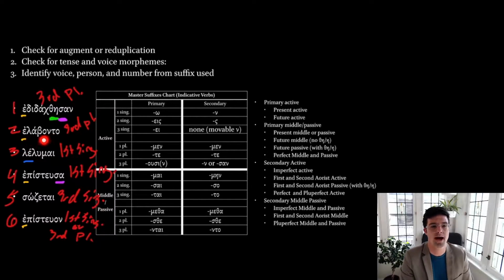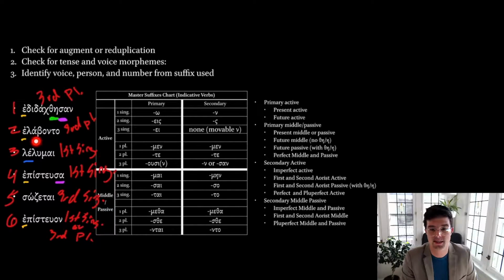And remember when we went back and sort of retroverted apistuon and found that was based on the present root. With elabonto, we have a changed root. The present tense form is lambano. The stem has changed, which means it can't be imperfect because it's not built on the present tense stem.